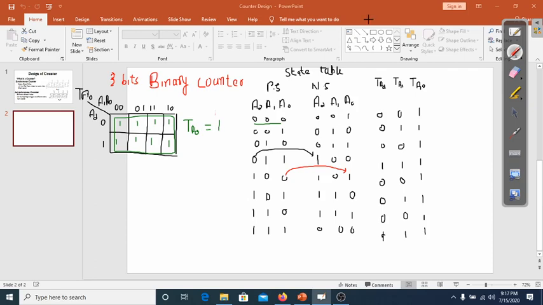Next, let us simplify TA1. Again we have 8 boxes.